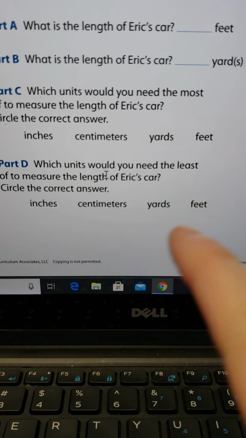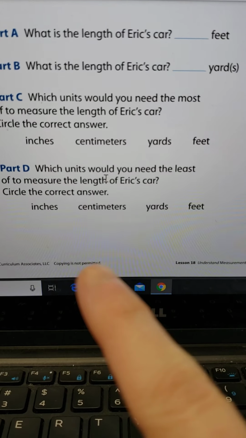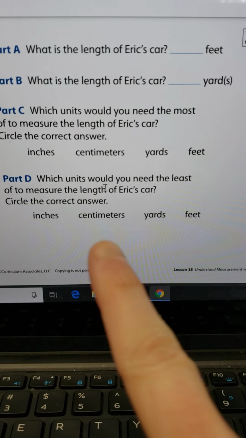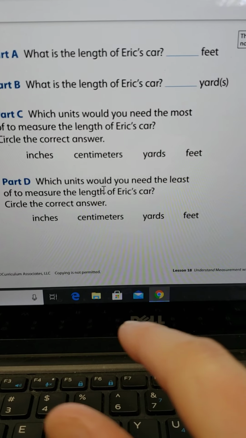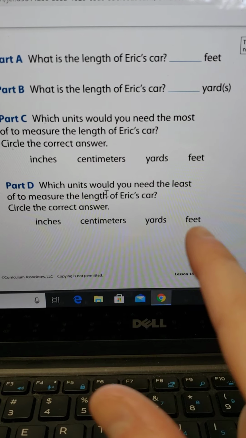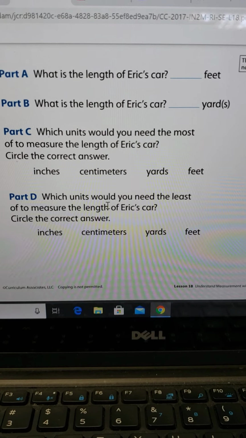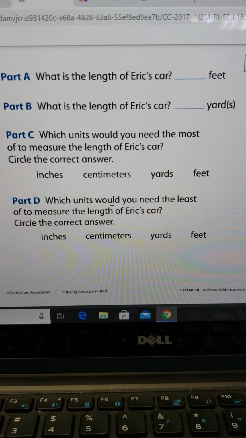Because you will need the least of those to see how long his car is. Are inches the longest? Are centimeters the longest? Are yards the longest? Or are feet the longest? Whichever one is the longest of all of those units, you need to circle that one, please.